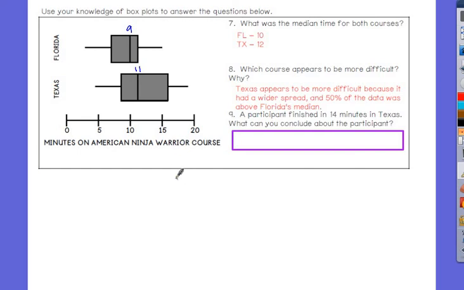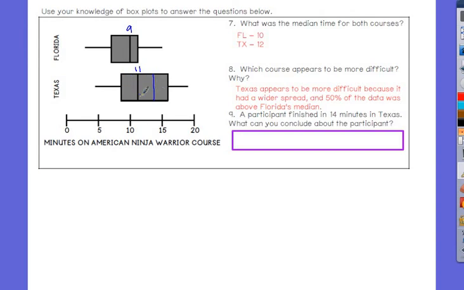All right, and number 9, a participant finished in 14 minutes in Texas. What can you conclude about the participant? I'd say 14's about right here, huh? So, what quartile is he in? What quartile would this be in? The third one. Okay, so he's in the third quartile. So is he with the majority of people?